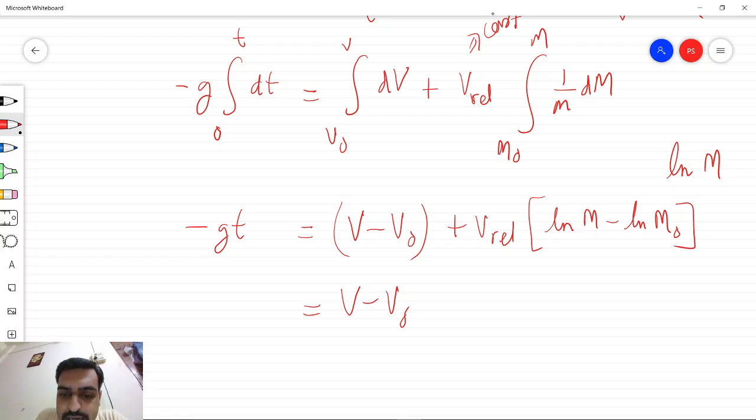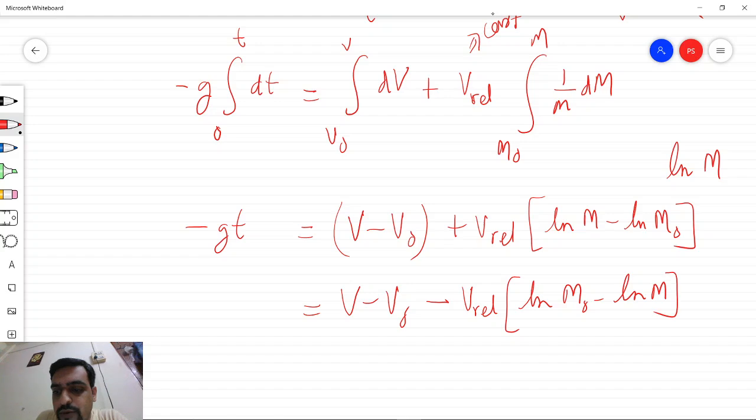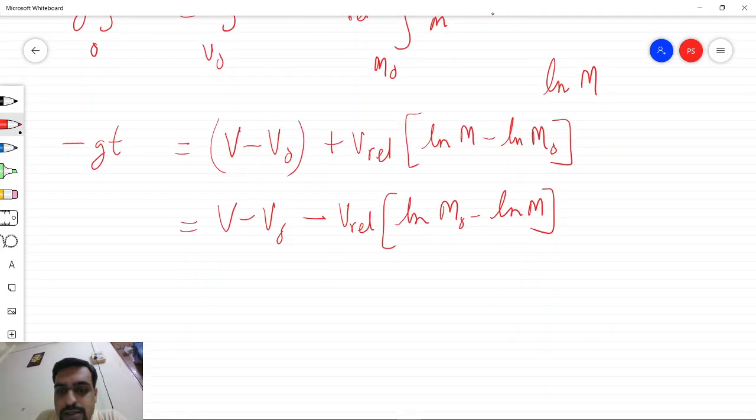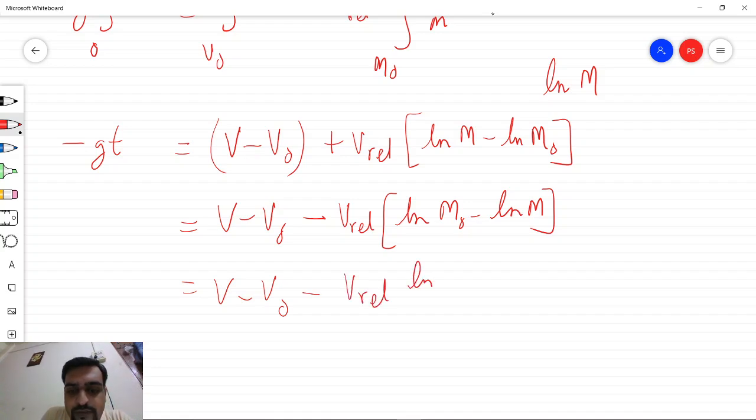So we'll rewrite it by taking the negative sign common as log of m0 minus log m. And now we note that log a minus log b is log a upon b, so this is v minus v0 minus v relative log of m0 upon m.